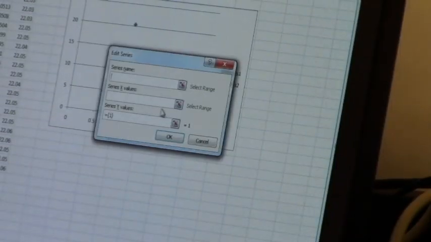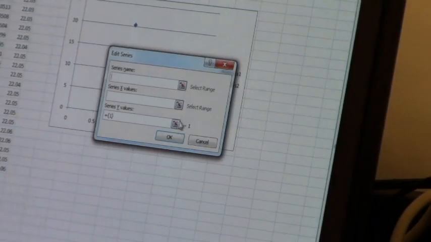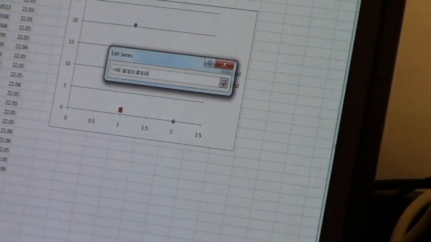Then for the data, I select the force on the vertical. This is force versus position. So, force on the vertical, it's all of this, against position, the horizontal.